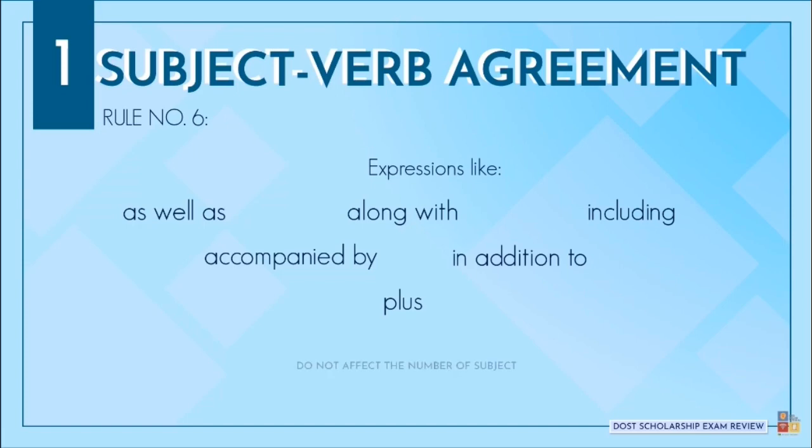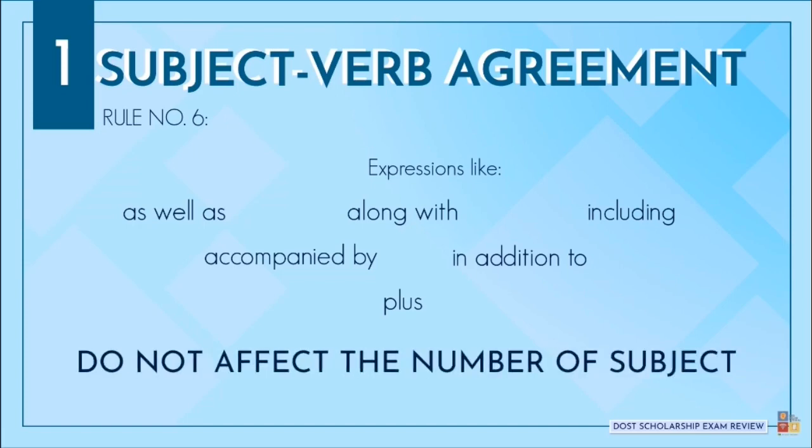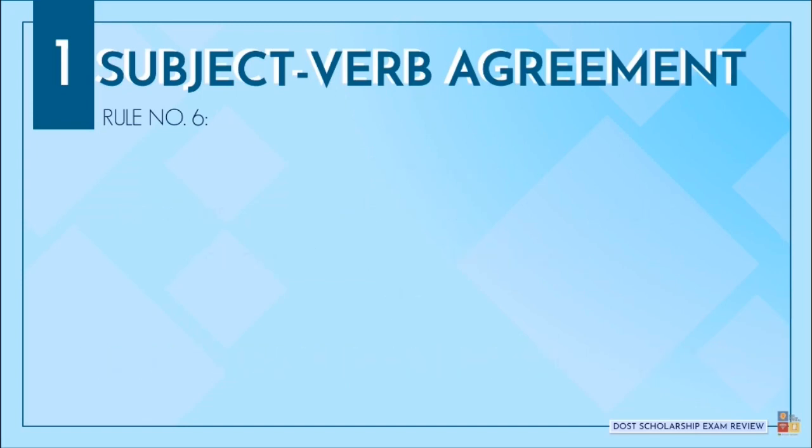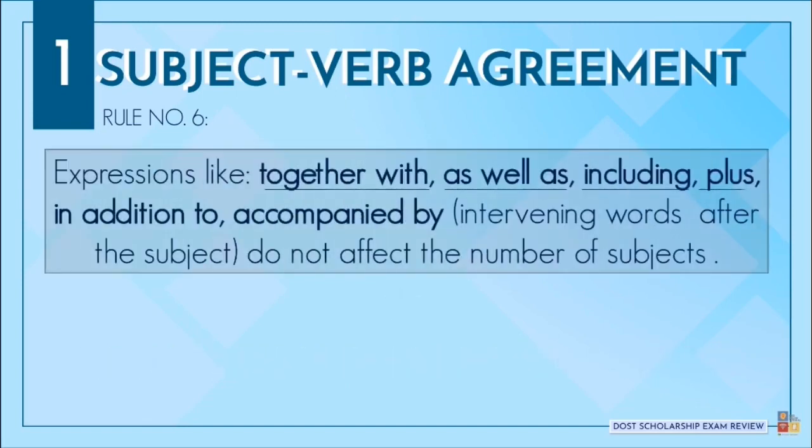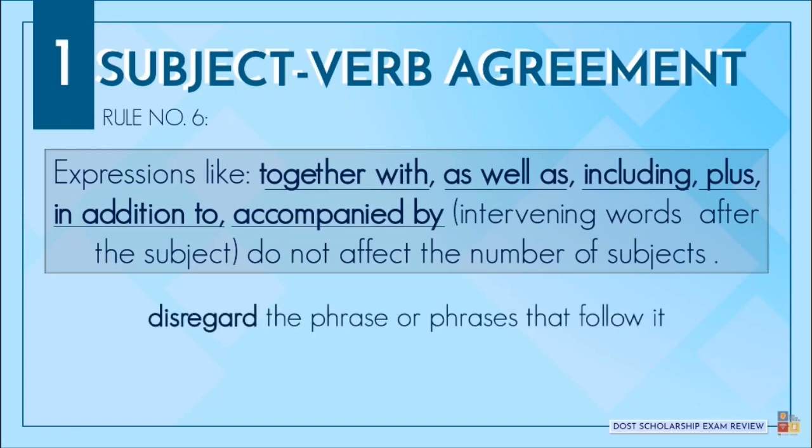These words do not affect the number of subjects. So if you see these words after the subject, disregard the phrase or phrases that follow it and focus on the subject.